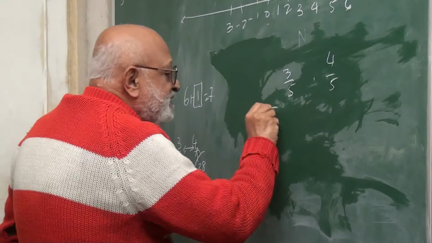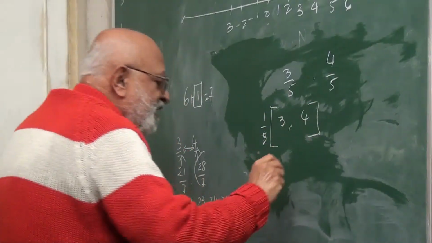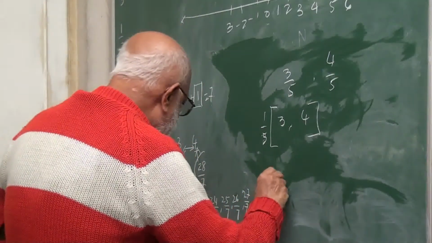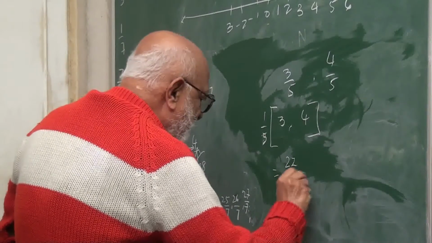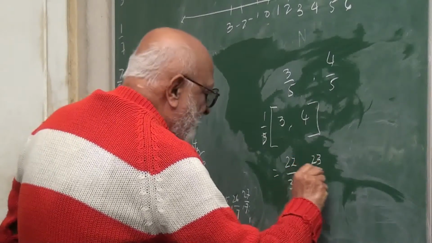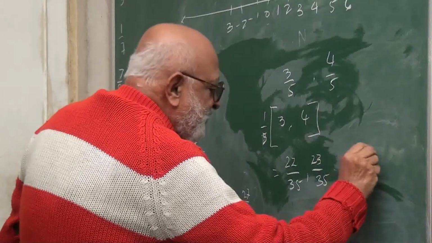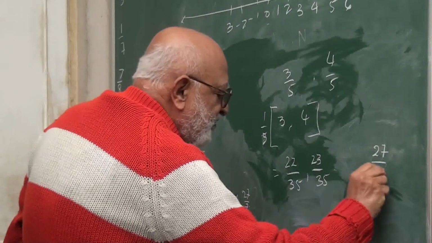So it becomes the same as between 3 and 4, and I go through the same motion. So it should be 22/35 and 23/35, and you continue doing it until 27/35.